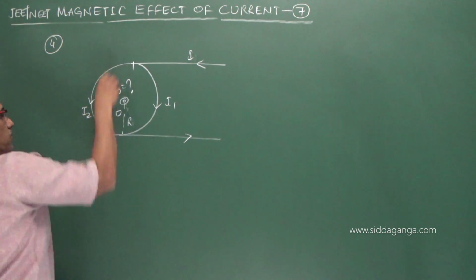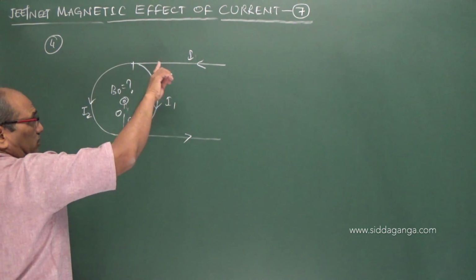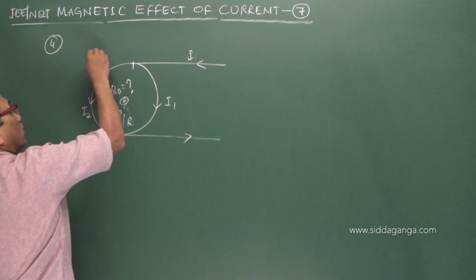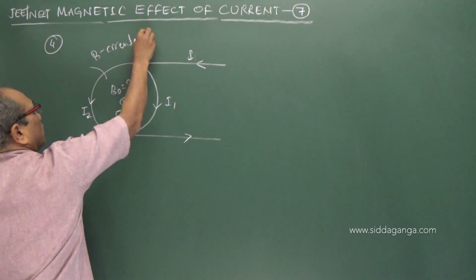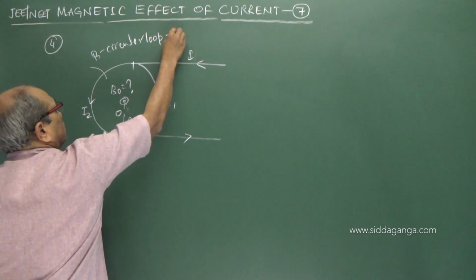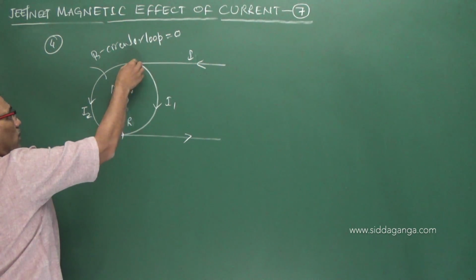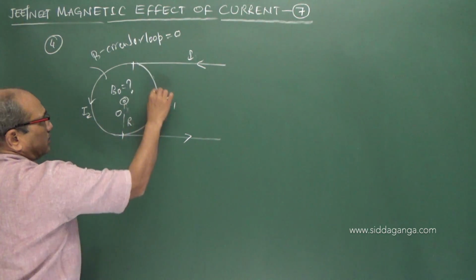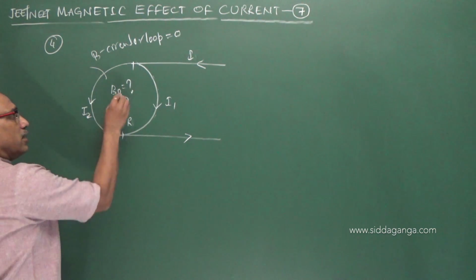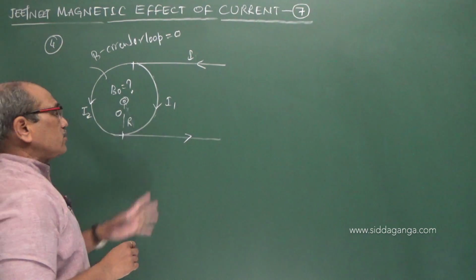One thing you know, if the wire current enters and leaves this entire circular loop, the field due to the circular loop is 0, because one carries the current anti-clockwise and the other carries the current clockwise. Net field at the center is 0, we discussed.